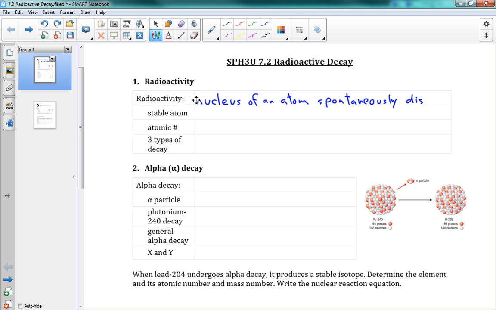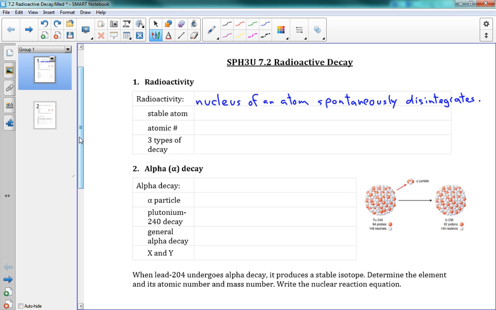If you don't know what those words mean, it just means that it suddenly splits apart into smaller pieces. Radioactivity means that our nucleus is unstable and it splits into different nuclei. It actually changes into a different element. And so we have unstable atoms and stable atoms.